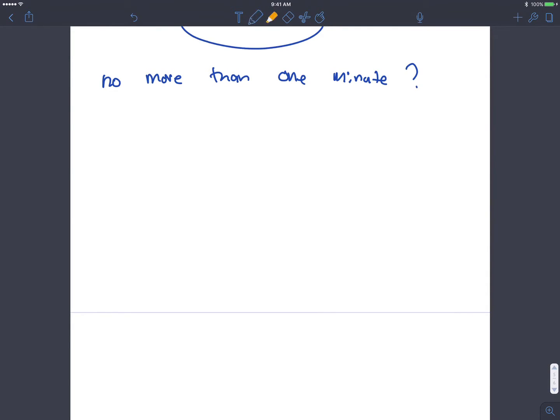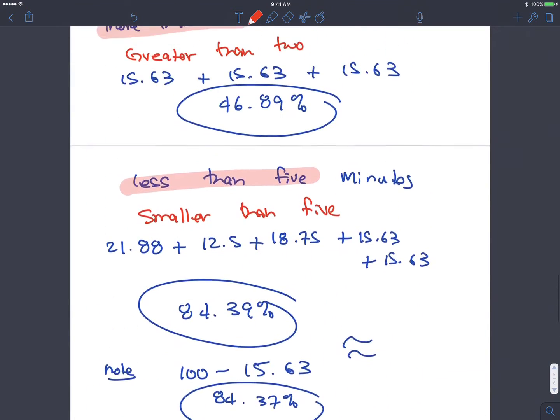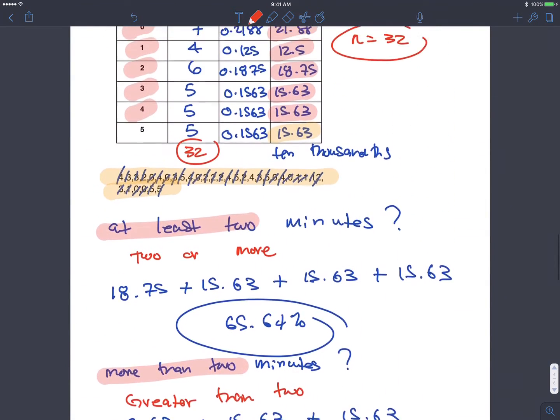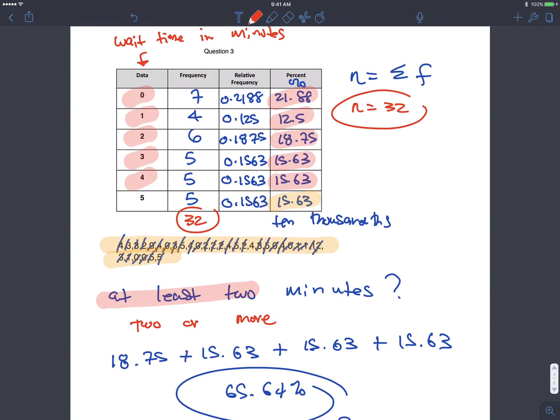No more than 1 is short for not more than 1, which really means 1 or less. 1 or less is not more than 1. So if we say what percent waited no more than 1 minute, that means 1 minute or less.